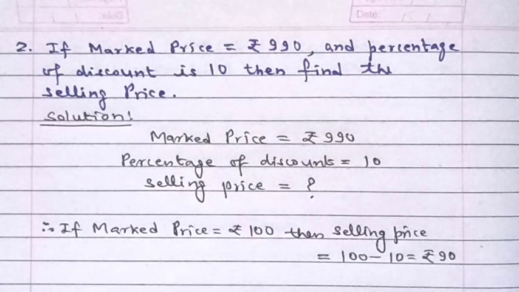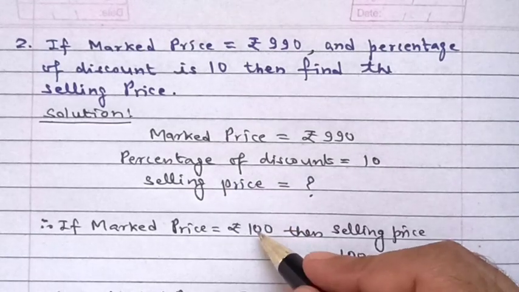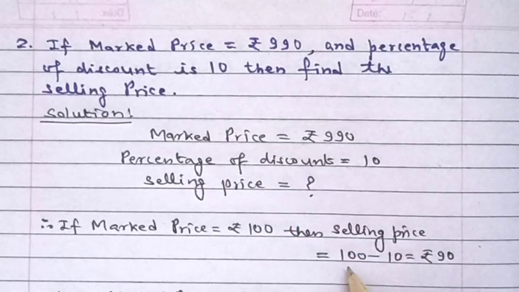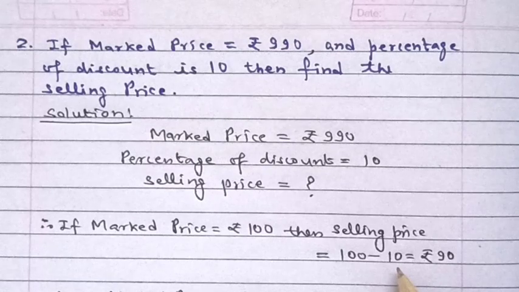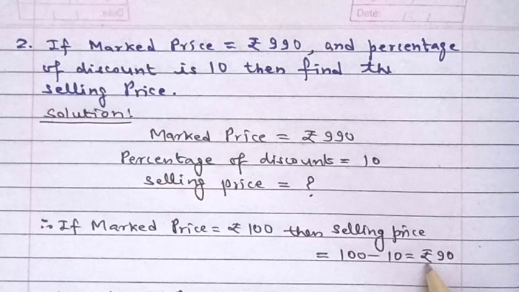I have told you, if discount percent is 10, that is 10% discount is given. That means if your mark price is rupees 100, then selling price is equal to 100 minus 10, because rupees 10 discount is given. So your selling price will be rupees 90.